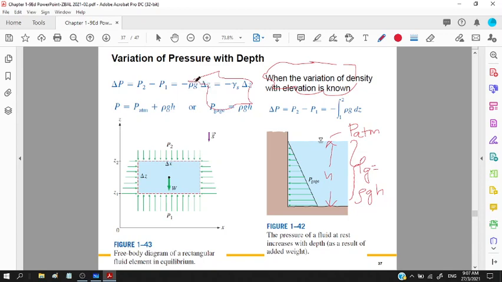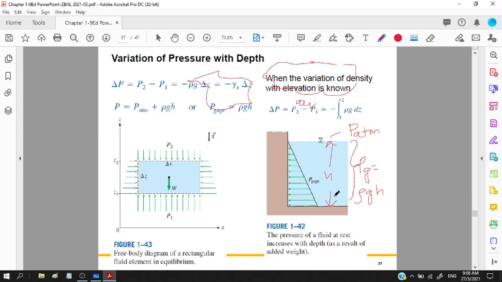Let's say we have cloud, we have air. So the weight of the cloud and the weight of the air is used to define the P atmospheric. So this is P atmospheric, what we have on top of us, or on top of a certain level, in this case, this surface.